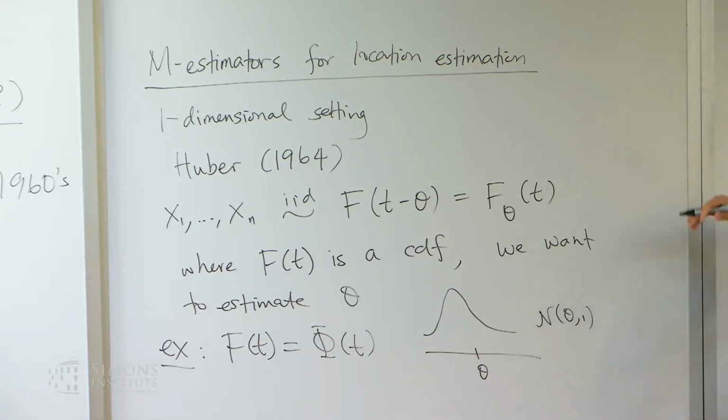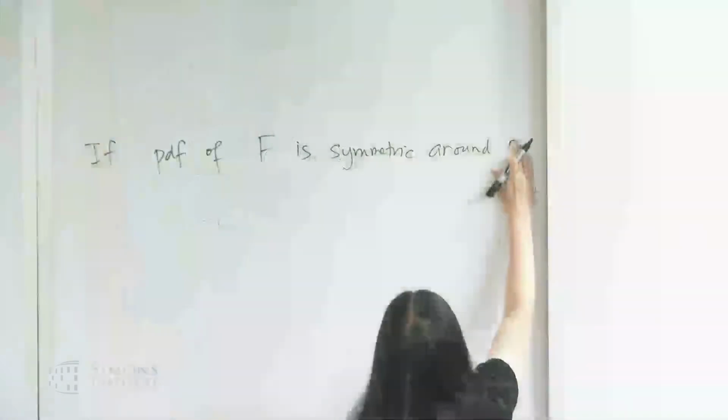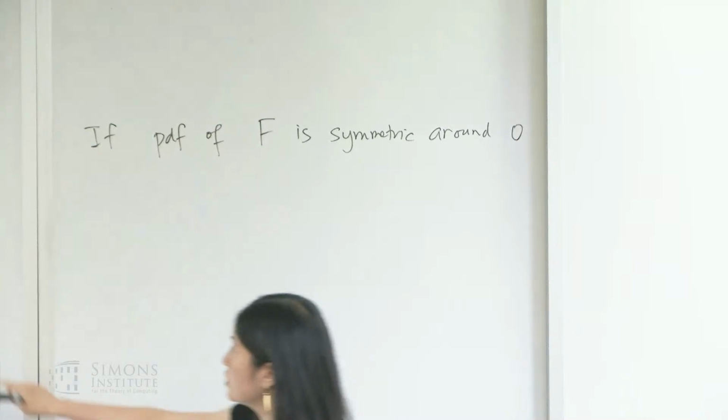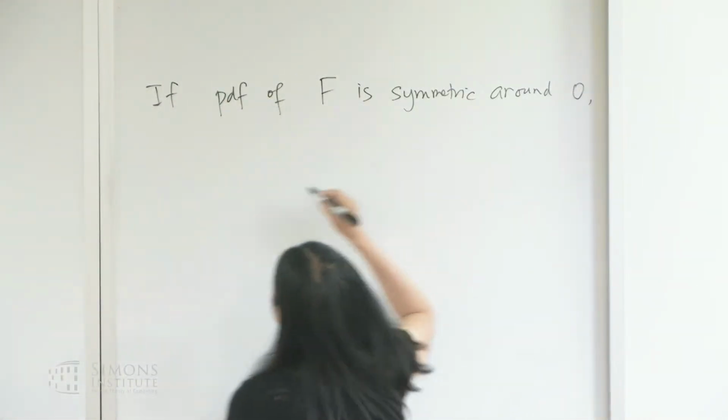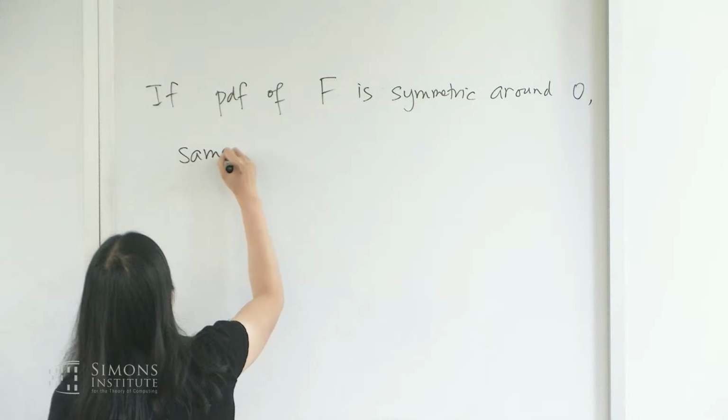And this is a little bit more general. If the PDF of F is symmetric around 0, in other words, the shifted distribution F_theta is symmetric around theta, then the sample mean is clearly unbiased.